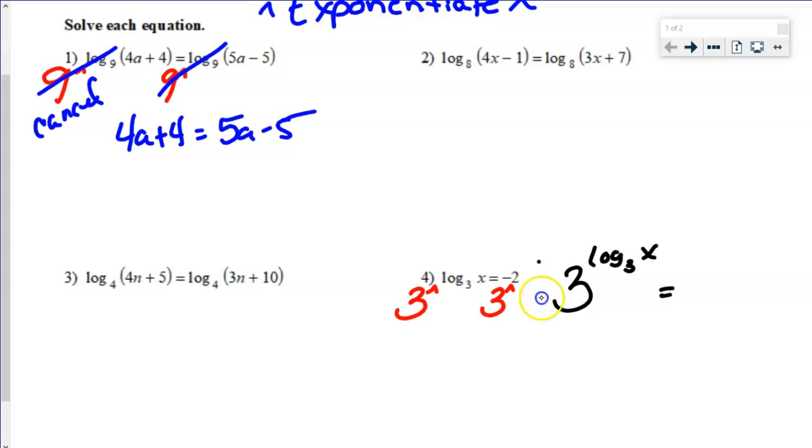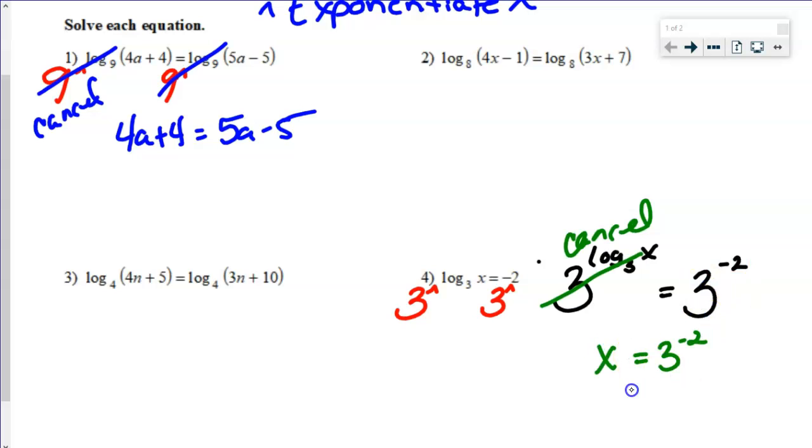There's going to be some cancellation here. But on the right side, you only have 3 to the negative 2 power. There's no cancellation there whatsoever. So while yes, you do see cancellation here, the x will drop down. This is 3 to the negative 2 power, better known as 1/9, which, if you wrote me a decimal answer, I understand, but that's how you're going to get the answer of 1/9.